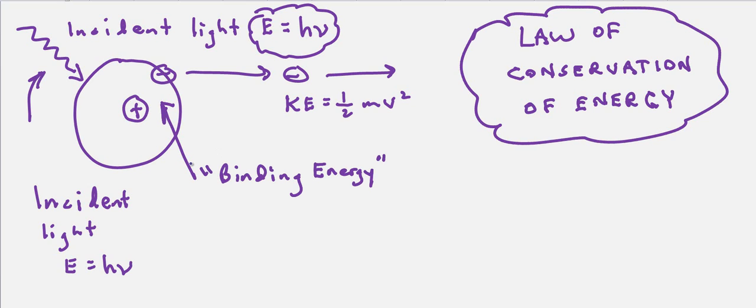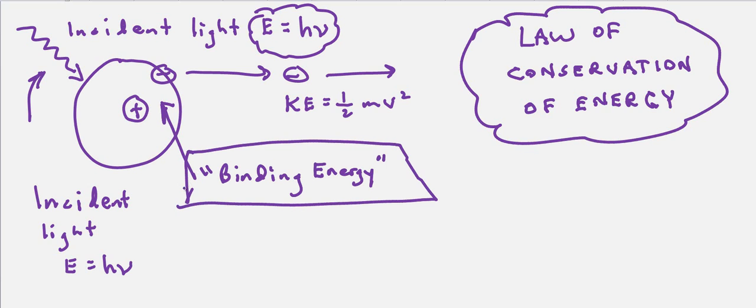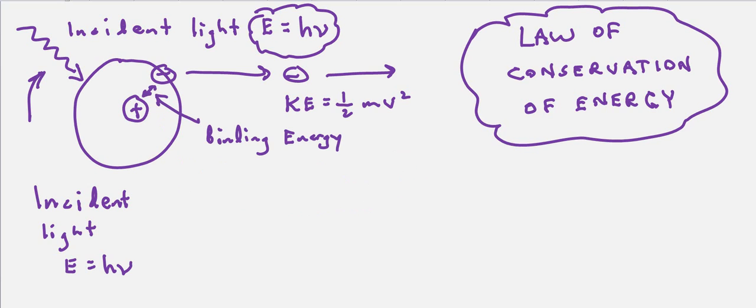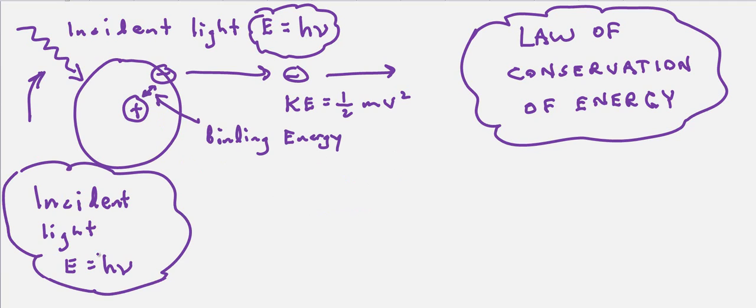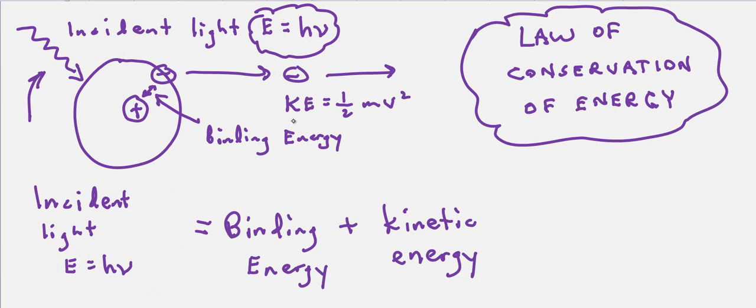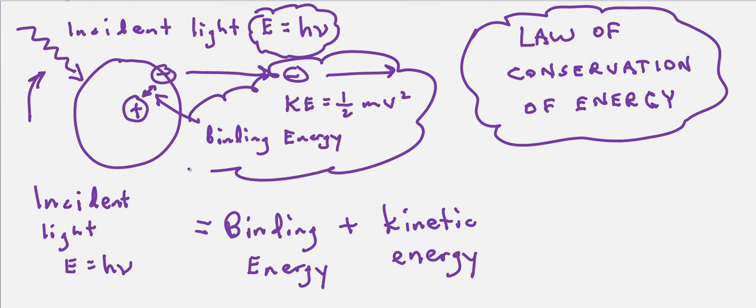This energy that holds an electron to the nucleus is sometimes referred to as the binding energy. The total energy in our system comes from the incident light which is striking our atom. We can get that from E equals h nu. That has to be equal to the combination of the binding energy and the kinetic energy of the ejected electron.